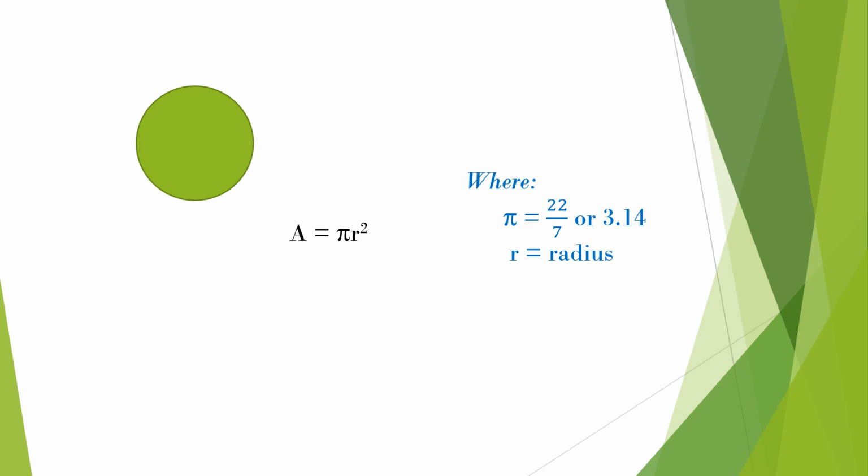So let us work on an example. Let us say the radius is equal to 7 centimeters. Now substitute the value of pi and the radius. There, A is equal to 22/7 times the square of 7 centimeters. I'll give you time to answer this. The time starts now.